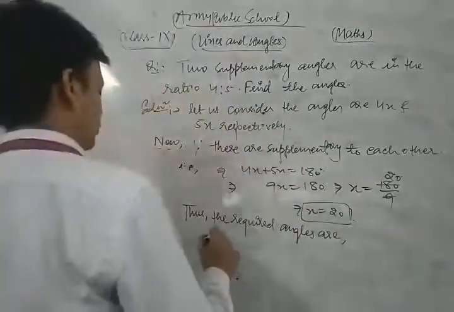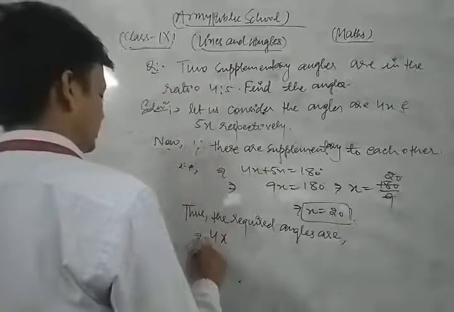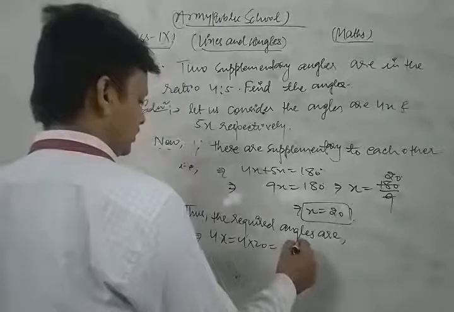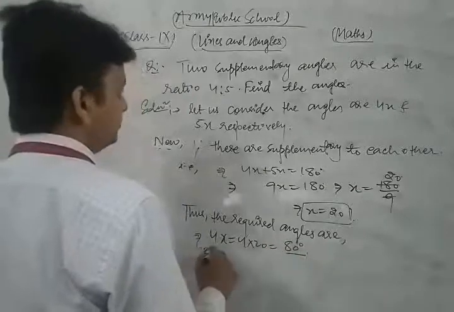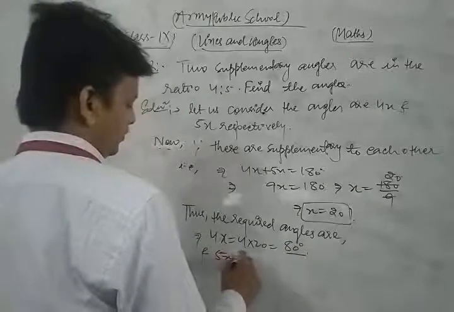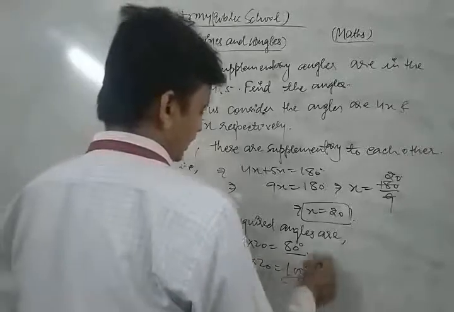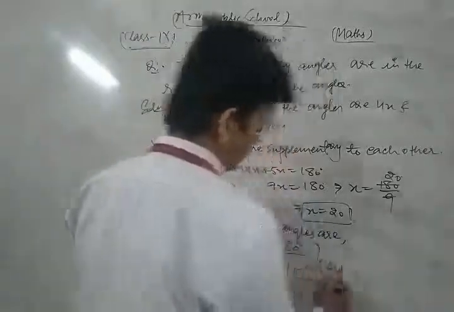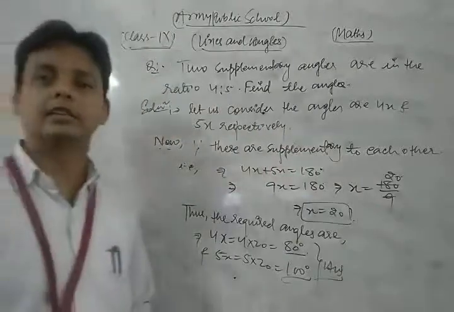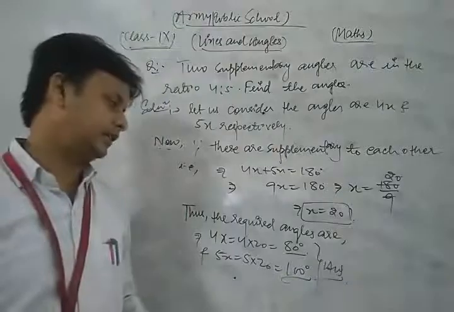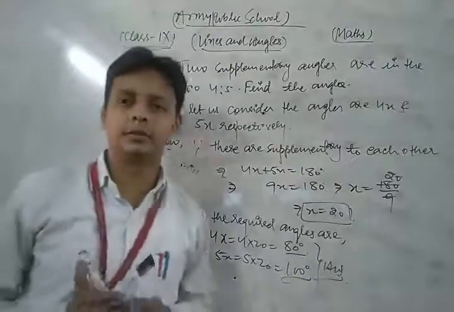So 4x means 4 into 20, this is 80 degrees, and 5 into x means 20, this is 100 degrees. So in this way, the required angles are 80 degrees and 100 degrees respectively.